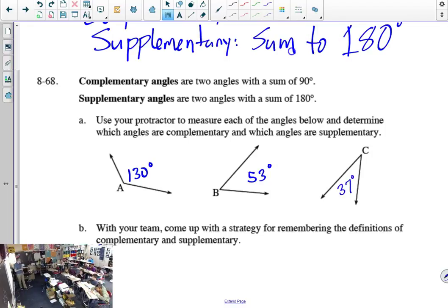So, if complementary angles get together and make a right angle, does C have a potential complementary pair? Another angle that with it makes a 90? Yeah, right? I could do the subtraction and figure it out. Can A have a complementary? No. A is too big for a complementary pair. Can A have a supplementary pair? Yeah, so let's first look at supplements.